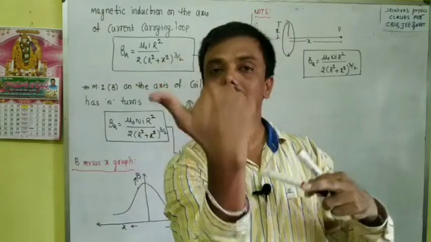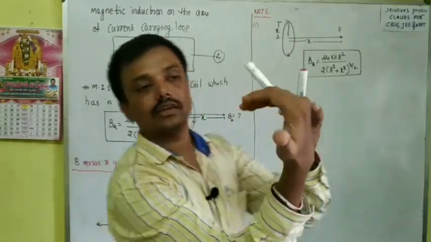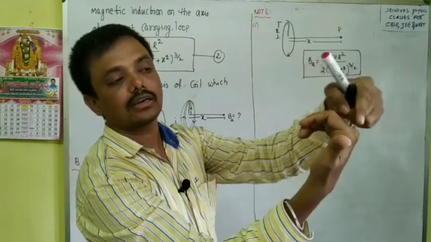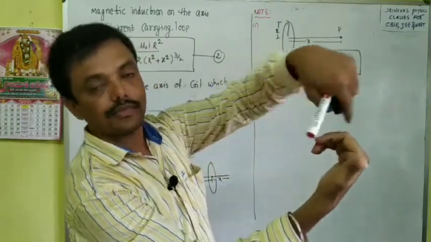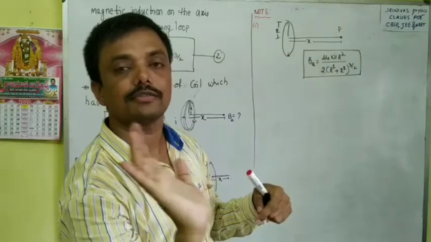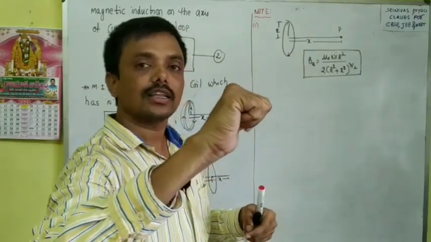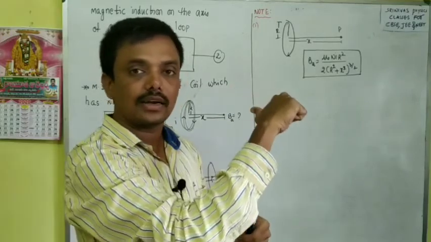If the current is in the opposite direction, like this, curved fingers indicate the current, thumb indicates the field. Field is this side, right?